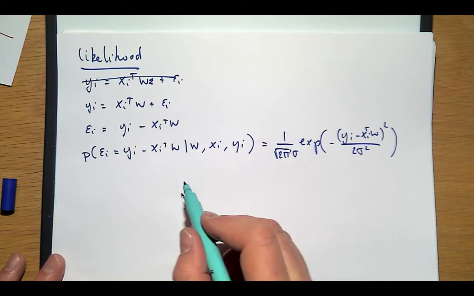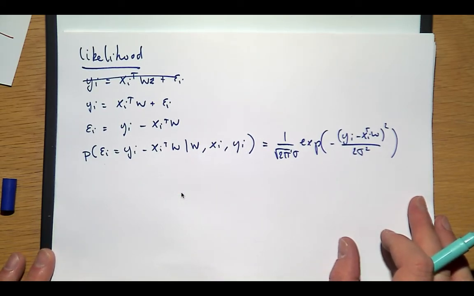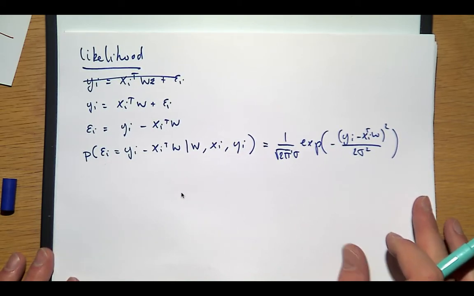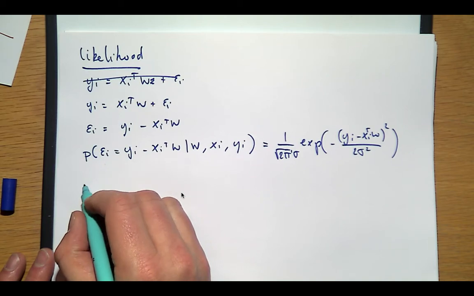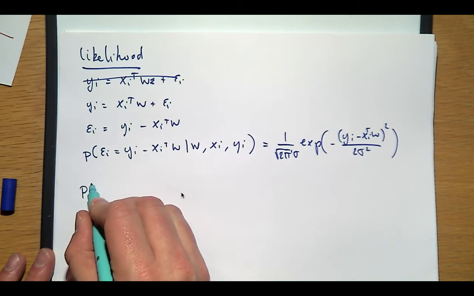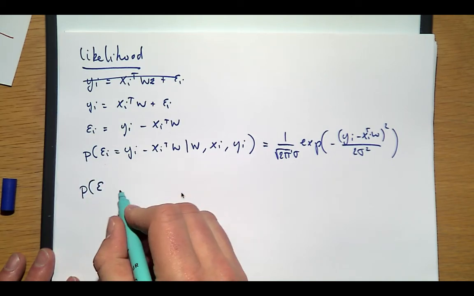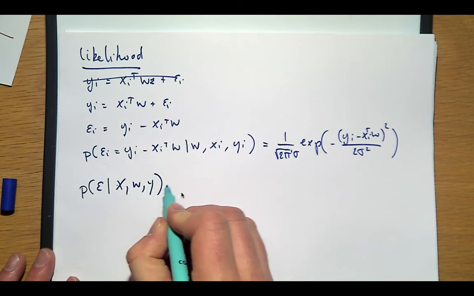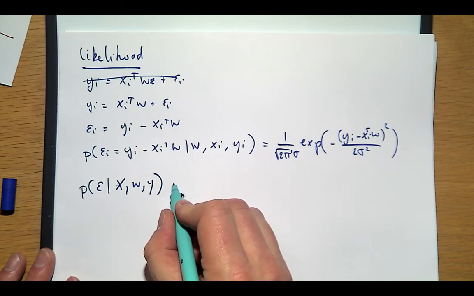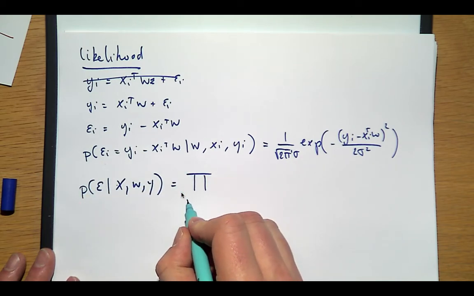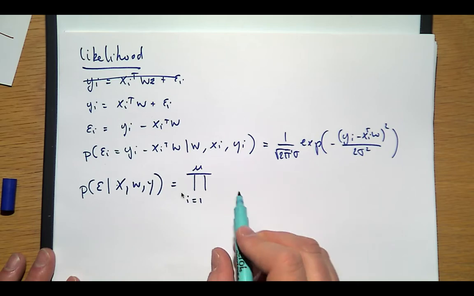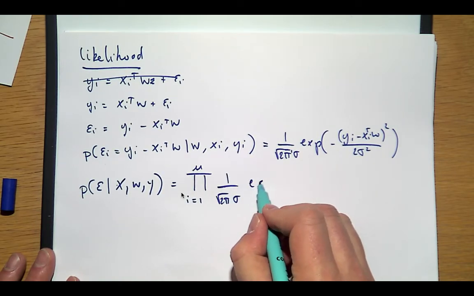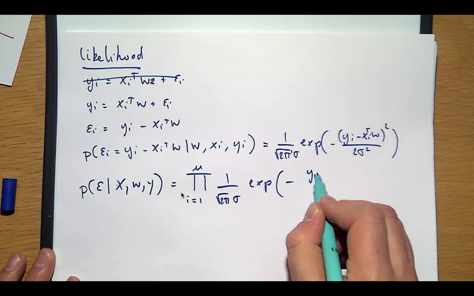So if we make that assumption that the error is independently distributed, then the overall likelihood is simply the product over all my observations of that guy.